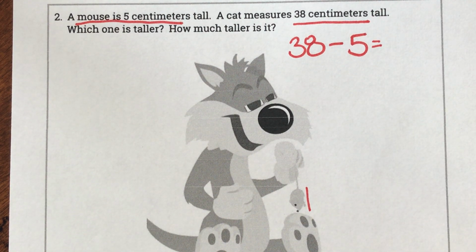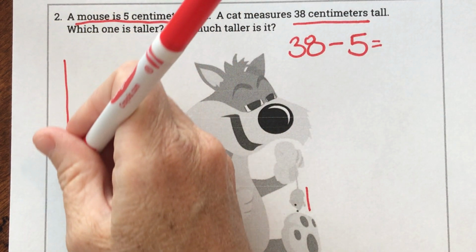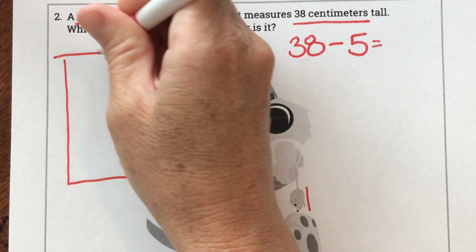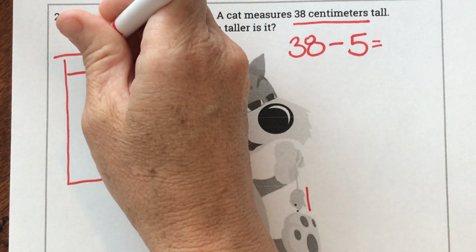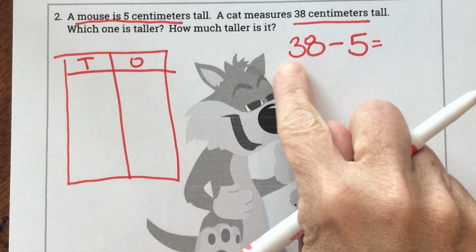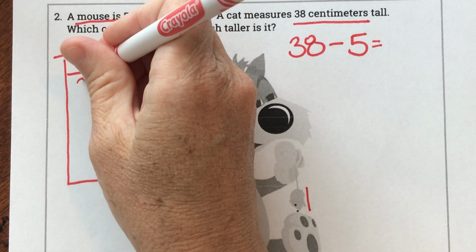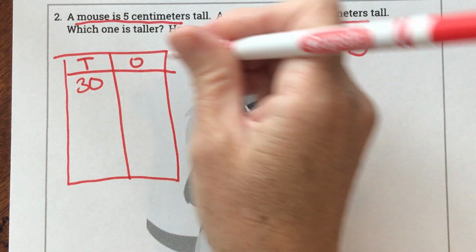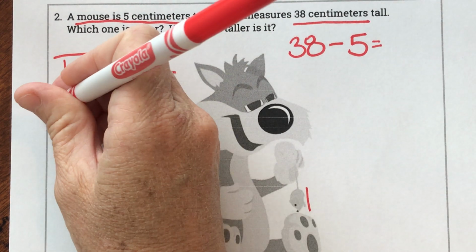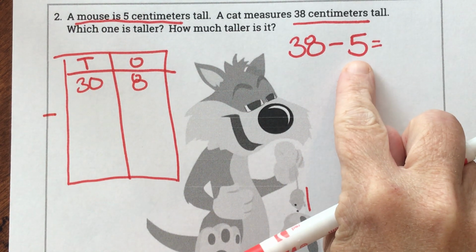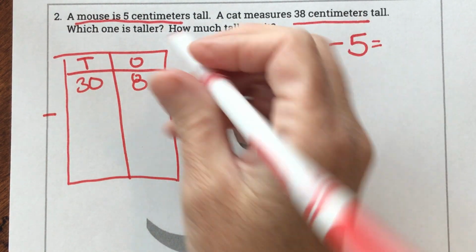Now, because this is not what we'd call a basic fact, I'm going to set up my place value table. So what do I have? I have tens and ones. So 38 means I have 3 tens, which is 30, and 8 ones. And I'm going to take away, for 5, I don't have any tens.